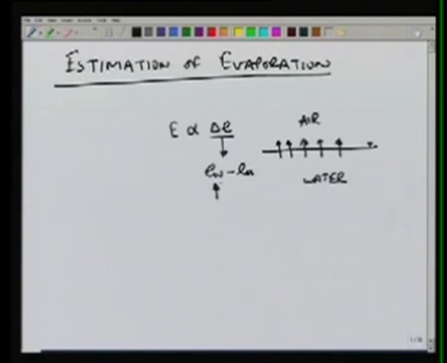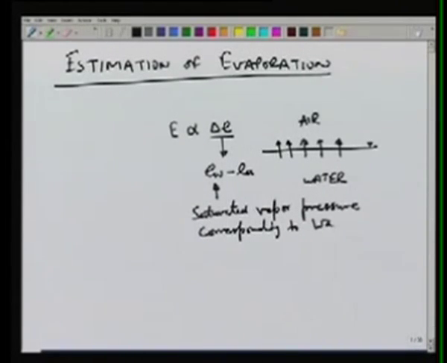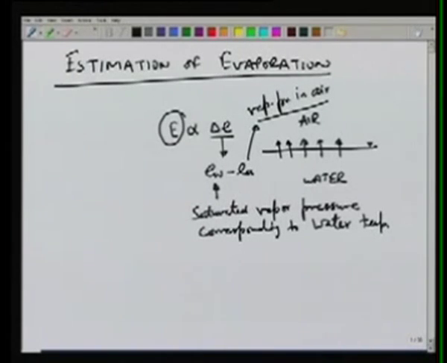E_w is the vapor pressure corresponding to water temperature, and E_a is the vapor pressure in the air. So the difference of these two vapor pressures will drive the evaporation.